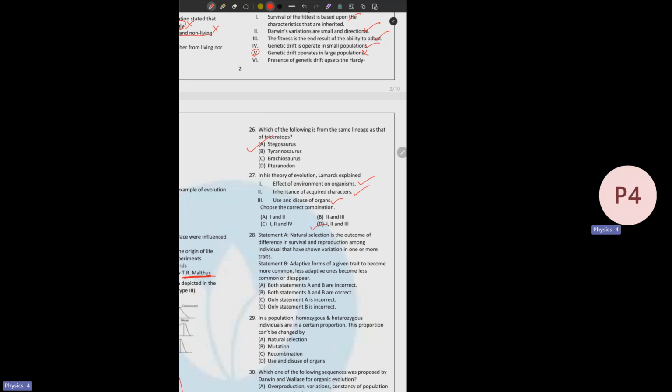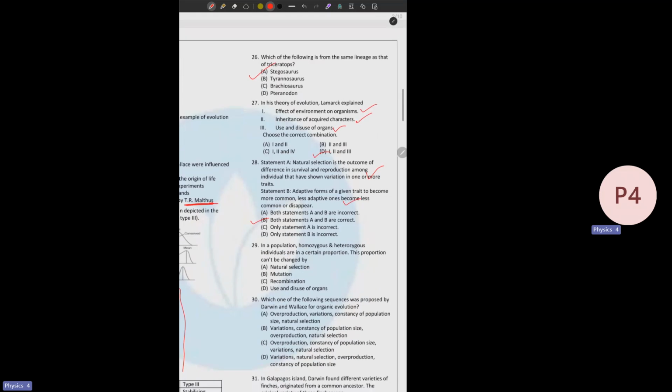Next, natural selection is the outcome of difference in survival and reproduction among individuals that have shown variation in one or more traits. That is what natural selection is. So it is correct. Adaptive forms of a given trait become more common, less adaptive ones become less common or disappear. Yes, it is also correct. So here both the statements are correct.